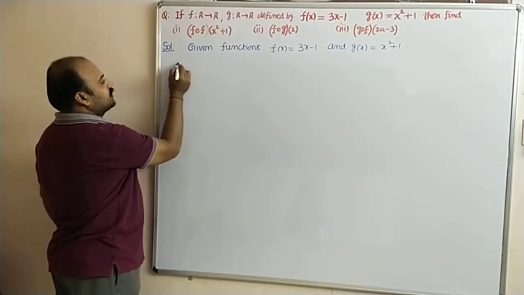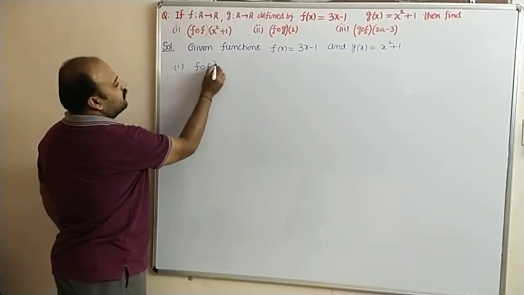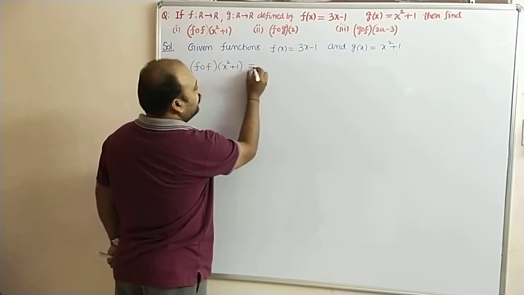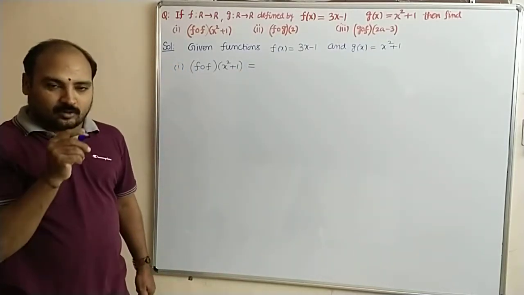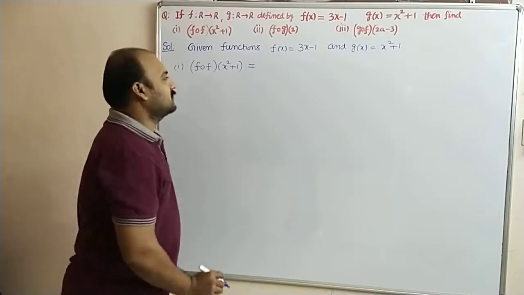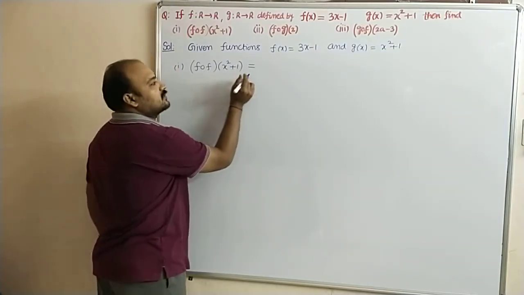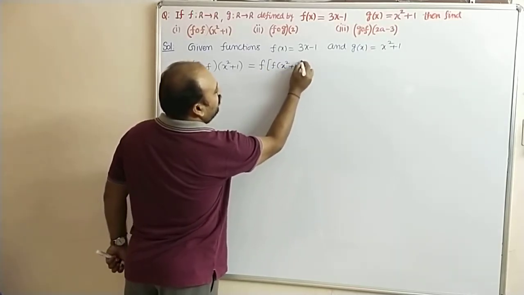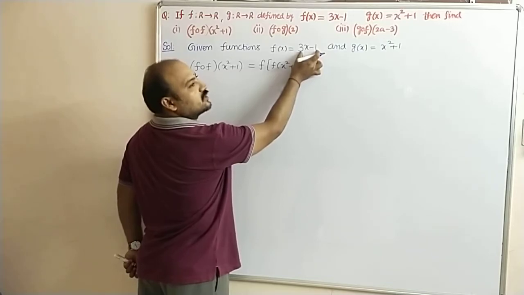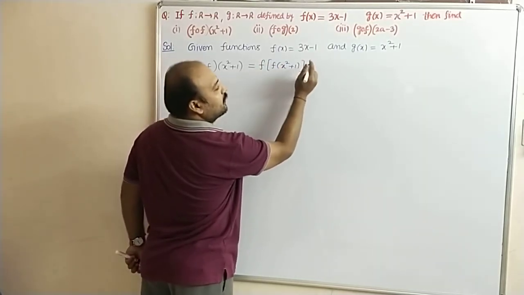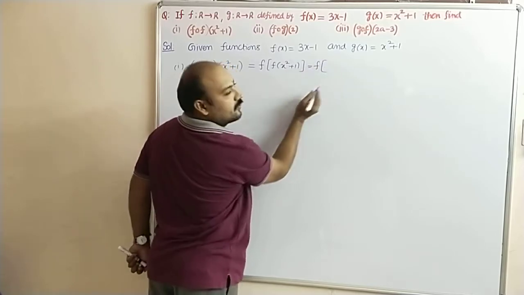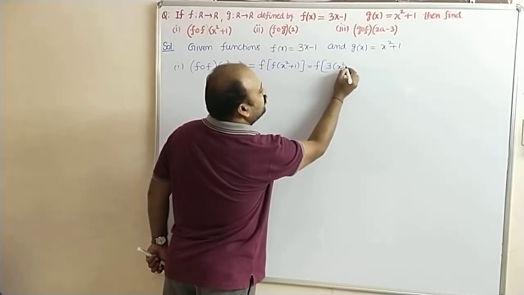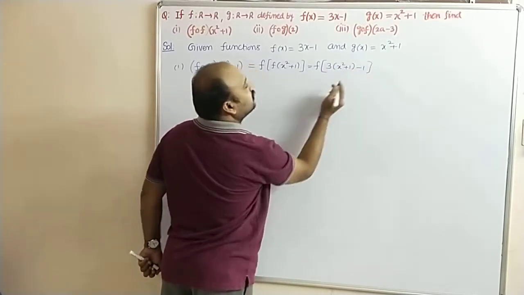Now consider the first question. f circle f of x square plus 1, that is f of f of x square plus 1. What is f of x? 3x minus 1. In place of x you have to replace x square plus 1. Therefore, f of, in place of x you replace with x square plus 1. So 3 into x square plus 1 minus 1.